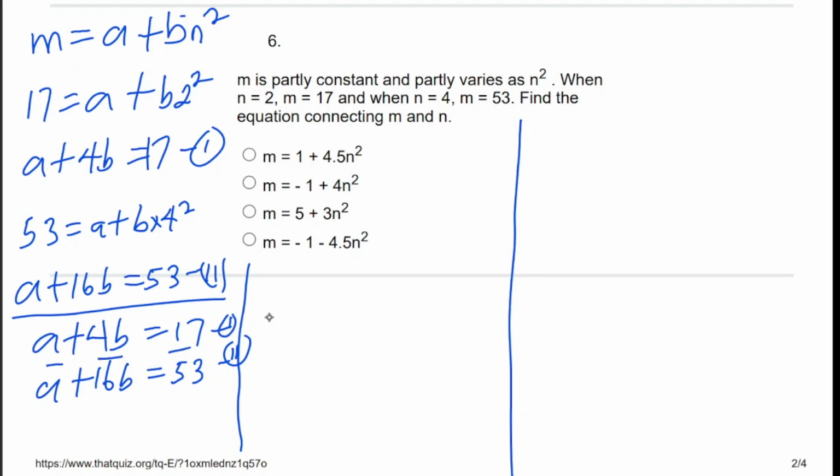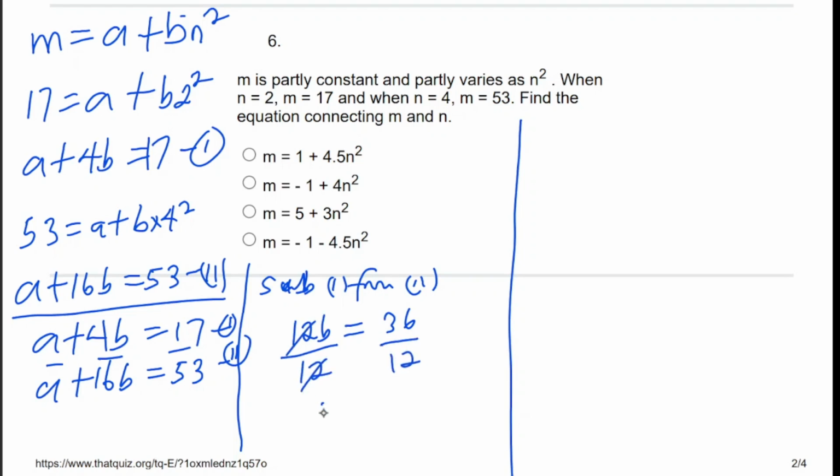So we subtract equation 1 from 2. That's going to be a minus a, 0. Then 16b minus 4b will give us 12b equals 53 minus 17. That gives 36. So divide both sides by 12.